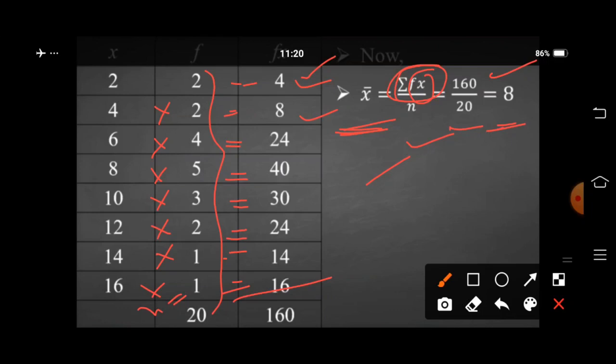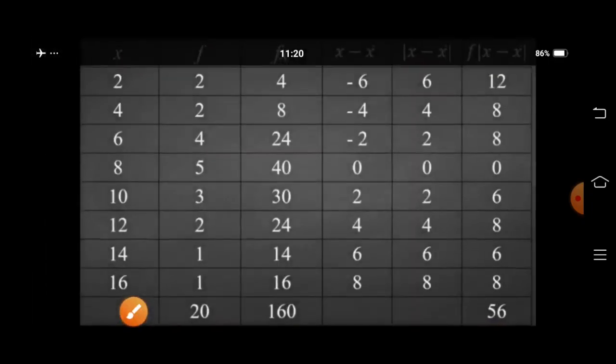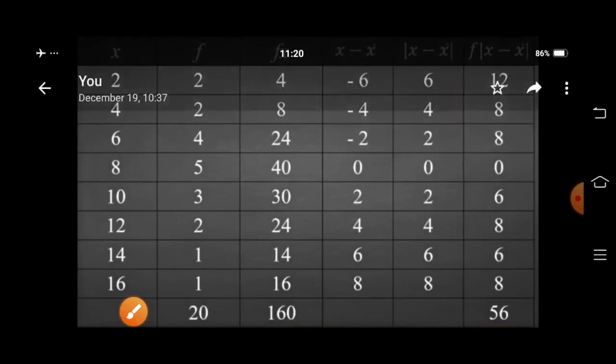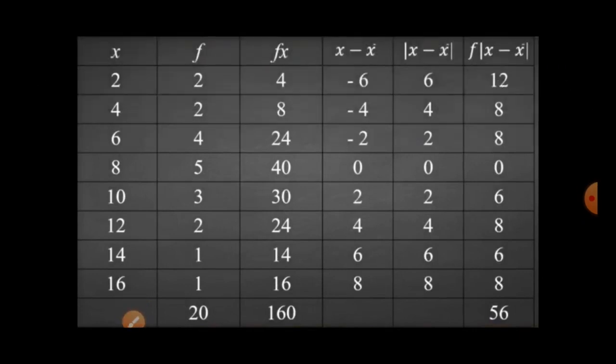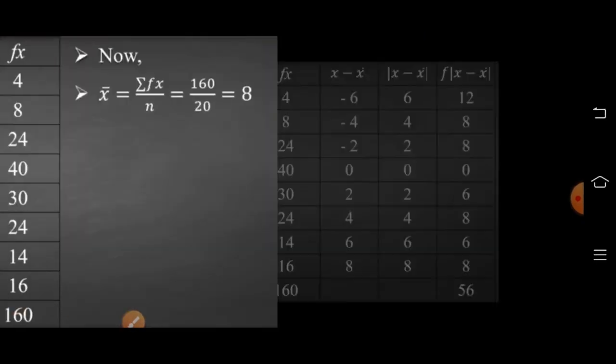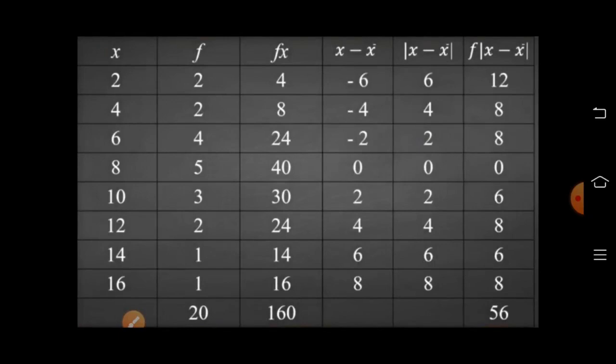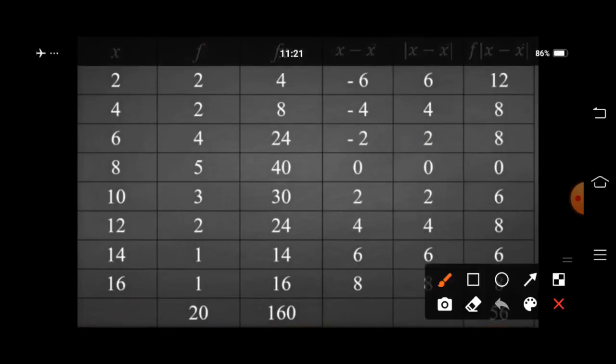Now we are able to calculate the mean deviation. Then now one more column is required. So we have already made here x minus x bar. X bar you know is 8. Now these other columns are useless for us. Now only deal with this column. X is 2, our x bar is 8.